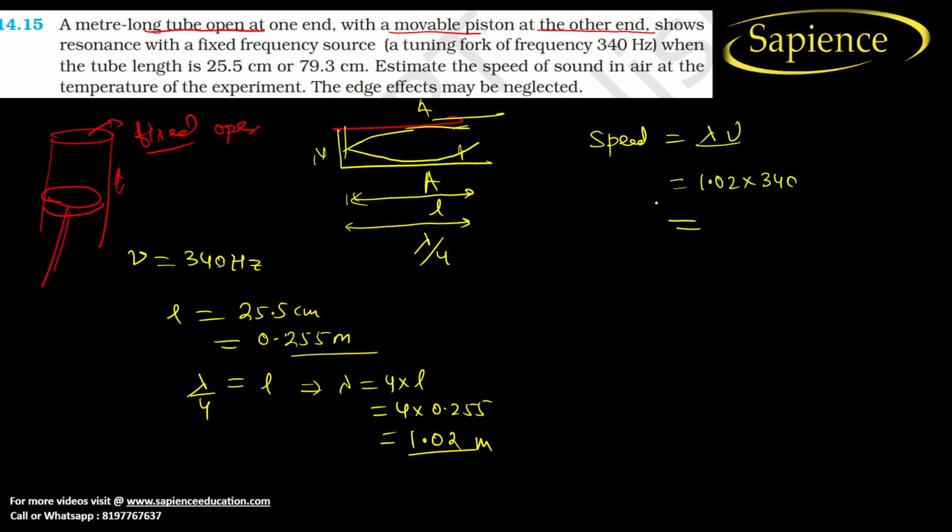From this we can get the answer as 346.8 meter per second. So this is the velocity, it is not the frequency. Frequency is a different thing. See, this is frequency and this is velocity, right?